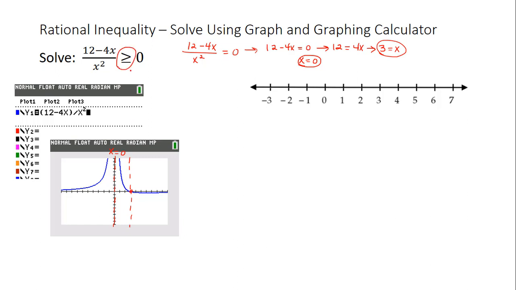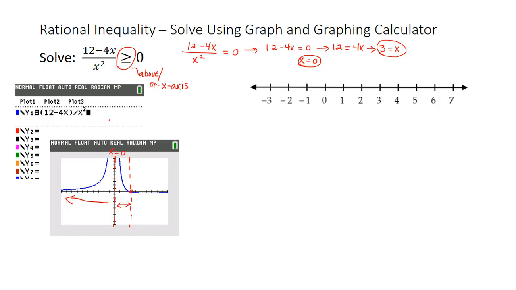My inequality suggests I want to find where the graph is above or on the x-axis. And that is to the left of 0, and then between the 0 and the 3.